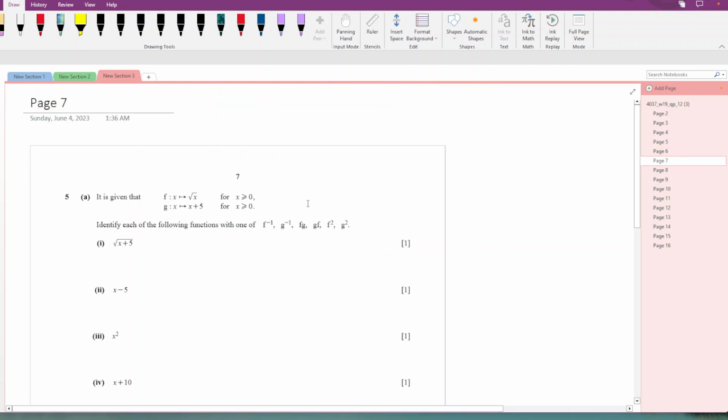Now question 5. It is given that function f(x) and its domain x greater than or equal to 0, and g(x) and its domain is also given.